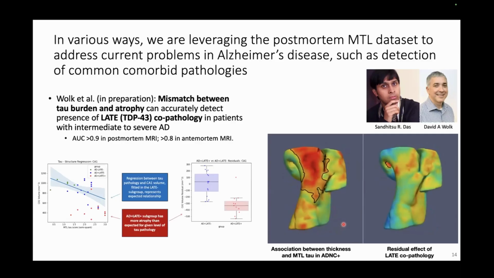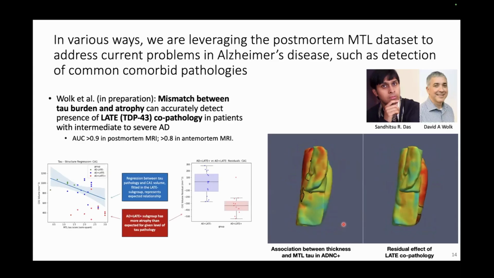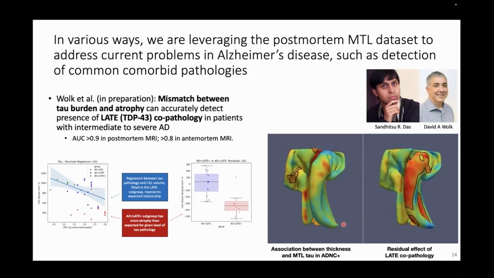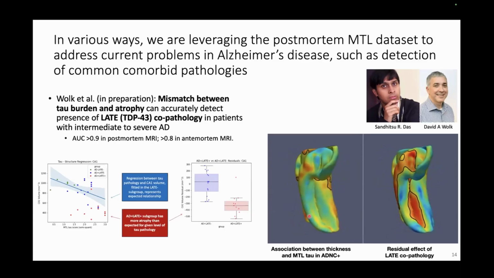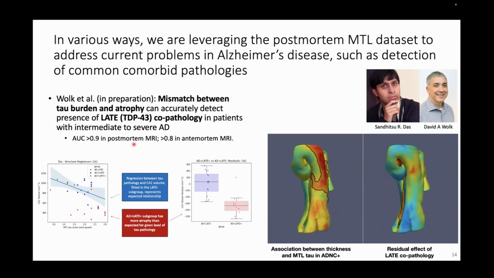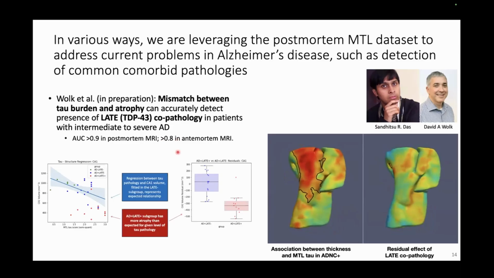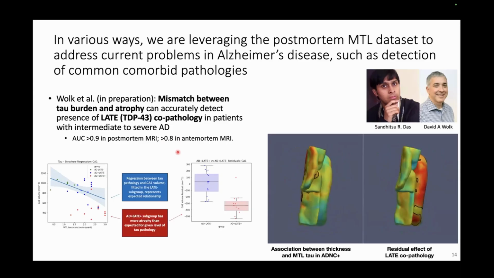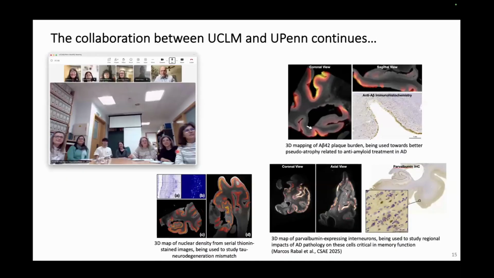This is particularly looking at LATE, which is a TDP-43 co-pathology, and showing that if we look at the patterns of mismatch, we can detect the presence of LATE with pretty high accuracy: 0.9 if we look at postmortem MRI, which of course we cannot do in living patients, but also not so bad, 0.8, in antemortem MRI. So if this translates to living patients, that's a pretty good accuracy of detection of LATE co-pathology.